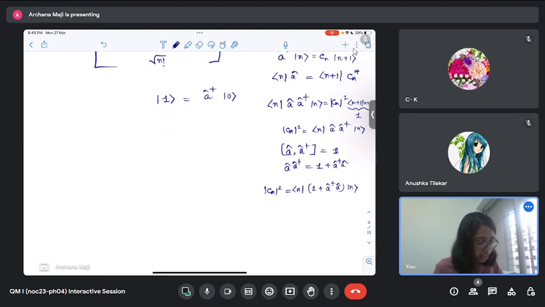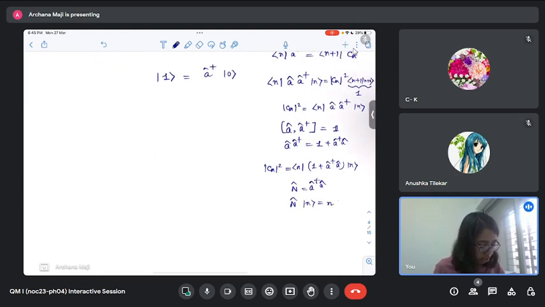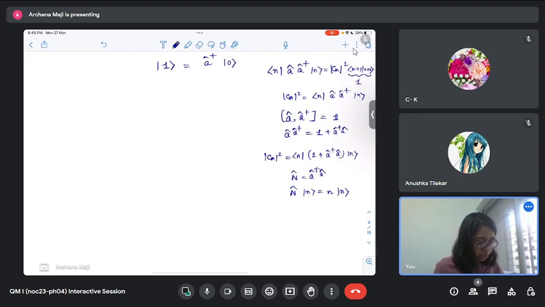A dagger a is nothing but the number operator, and the number operator, which is a dagger a, when it acts on the n particle state gives you eigenvalue n times ket n. So therefore mod Cn square is nothing but 1 plus n, because you will get the inner product of n with n, and because those are orthonormalized basis states, that is again 1. So Cn is square root of 1 plus n.